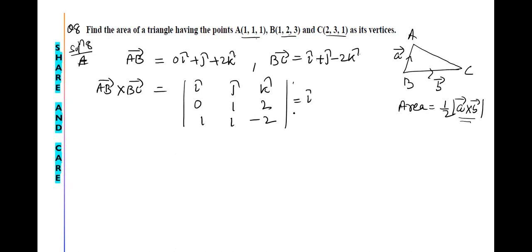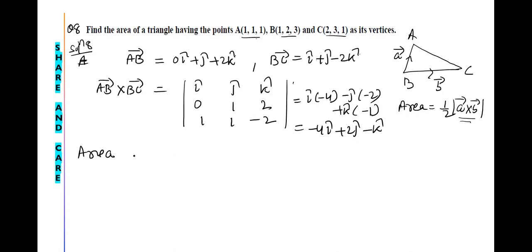So you are getting minus 2, minus 4, minus j into (0 minus 2), then plus k cap into (0 minus 1). So you are getting minus 4i plus 2j minus k. This is AB cross BC.